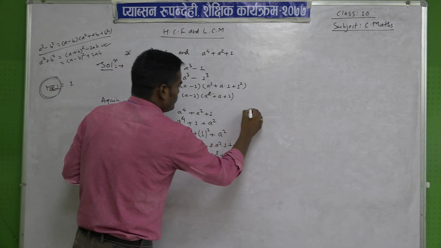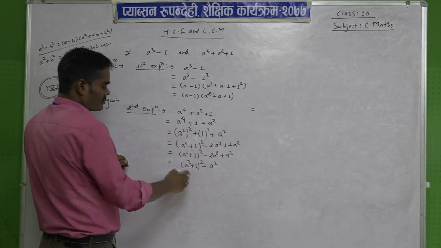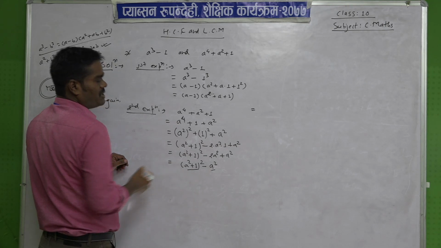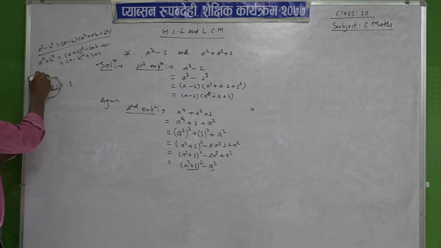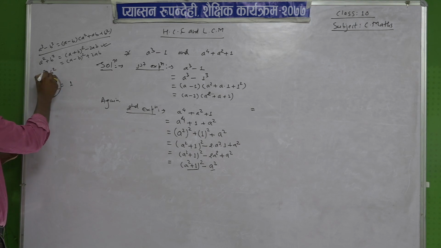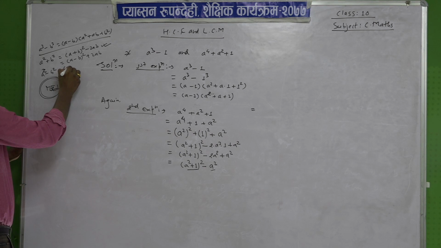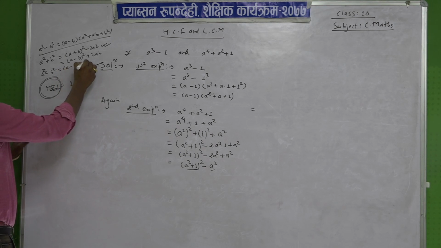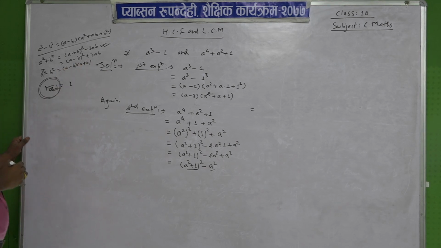So here we can use the a square minus b square formula. a square minus b square means, you know very well, a minus b into a plus b.